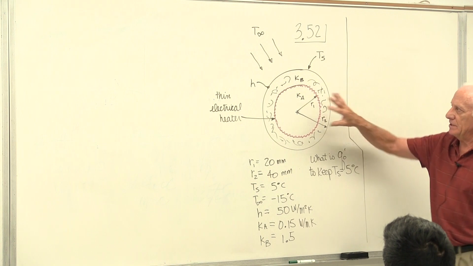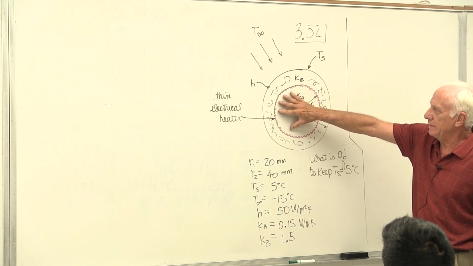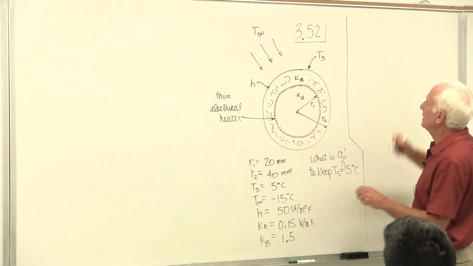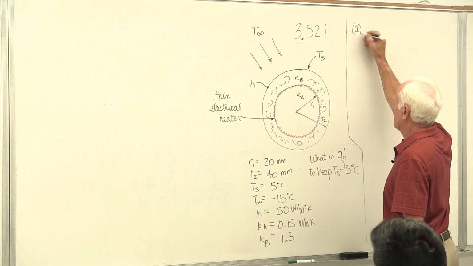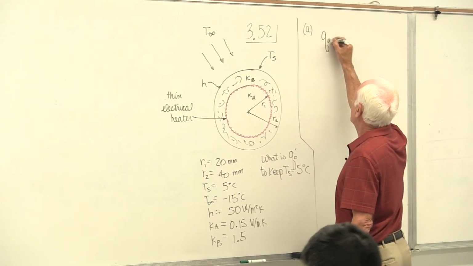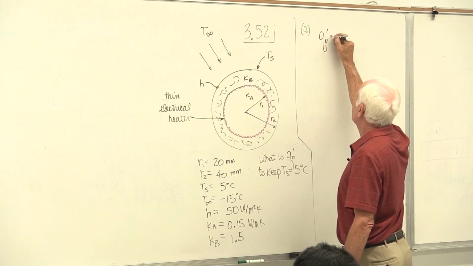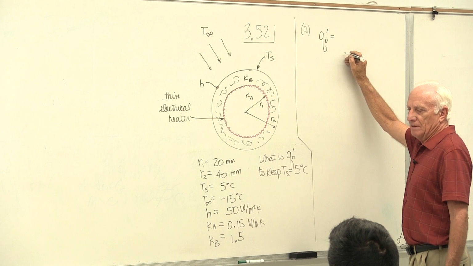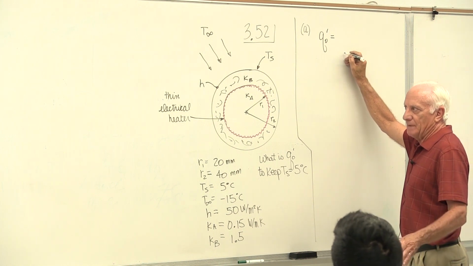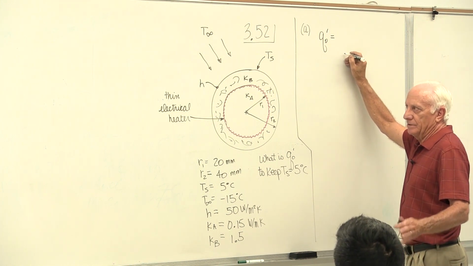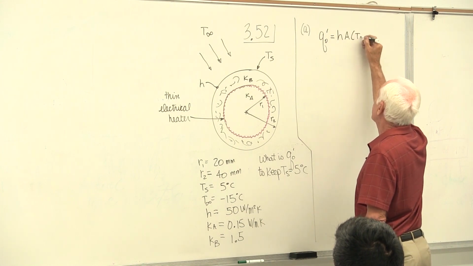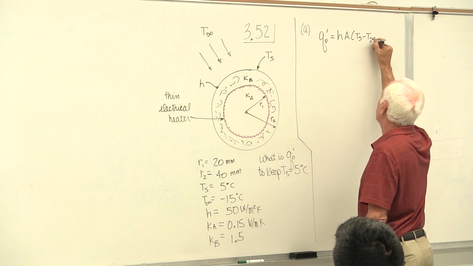All the energy generated by the heater eventually is going to get out to the air. So we can say for part A, Q naught prime is equal to all the heat generated by the heater escaping by convection to the air: h A (T surface minus T infinity).